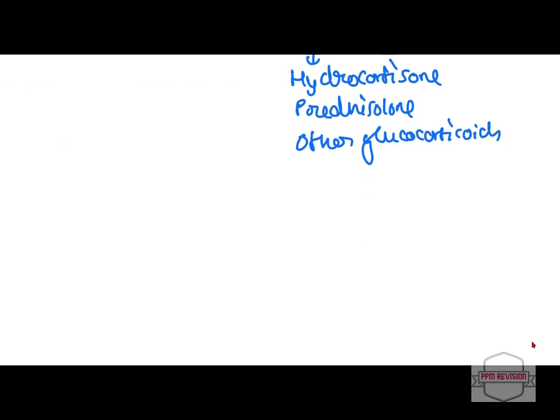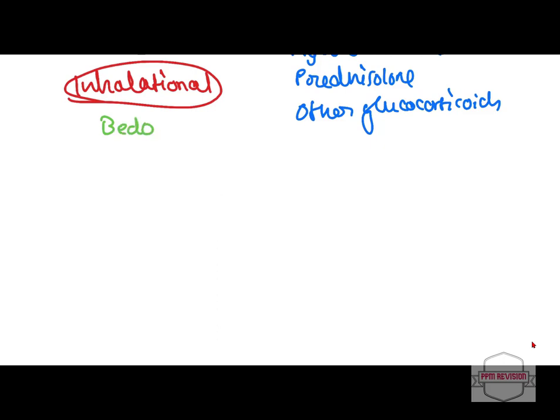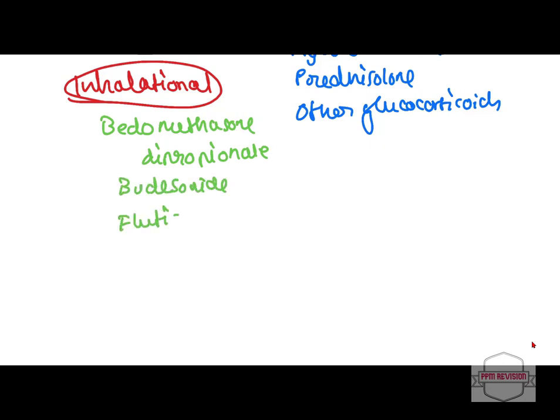Next, the other category under corticosteroids is inhalational. Under this inhalational category, examples include beclomethasone dipropionate, budesonide, fluticasone propionate, flunisolide, and ciclesonide.